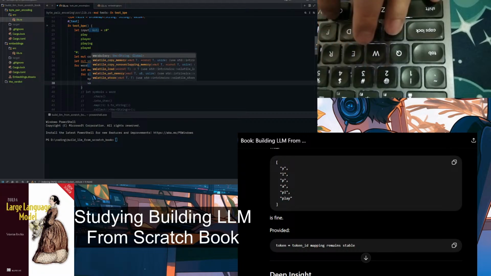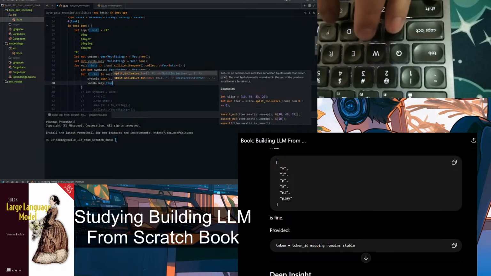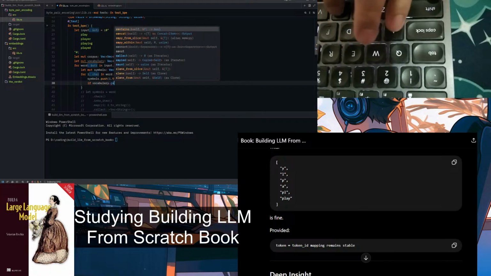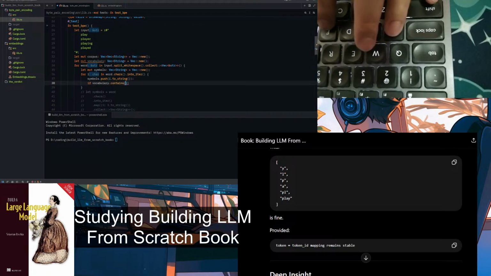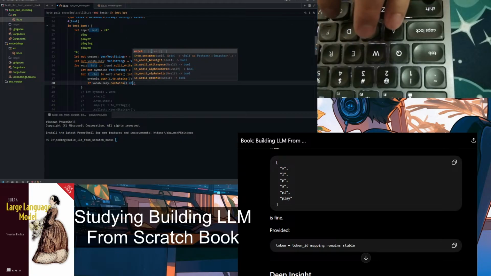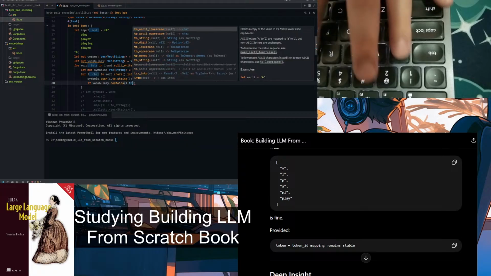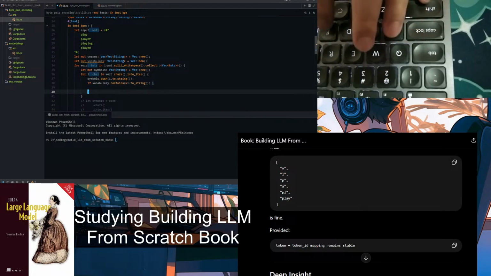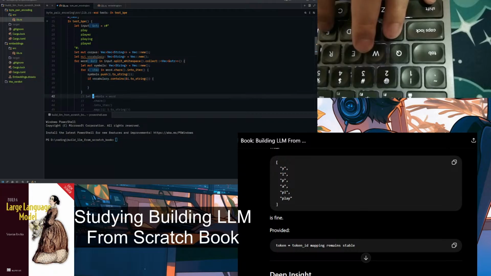Now, sa vocabulary, kailangan ko din siya push. Ito medyo hindi maganda tong part na to. Contains that character. Dirty code muna. I need to produce the right output muna. Okay, vocabulary that push.